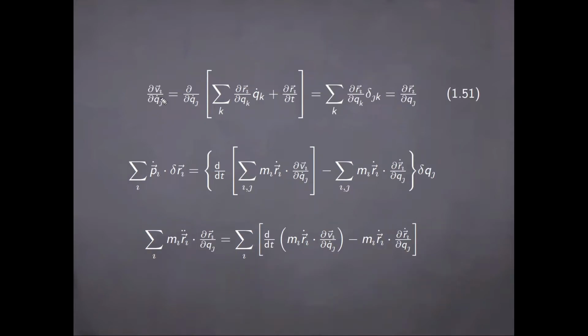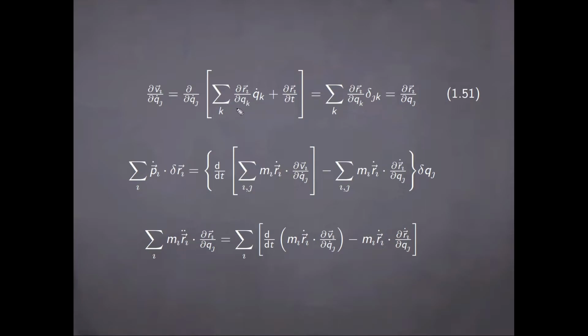Now we want to look at the partial derivative of the velocity with respect to a component of the generalized velocity, so the one corresponding to the generalized coordinate qj. And we use the fact that we can regard this as a partial derivative taken after a total time derivative of the radius vector, and as such, when we expand the velocity as this kind of derivative, and then we apply the partial derivative, this term will vanish as it does not depend on generalized velocities.